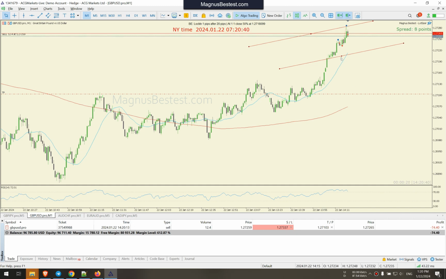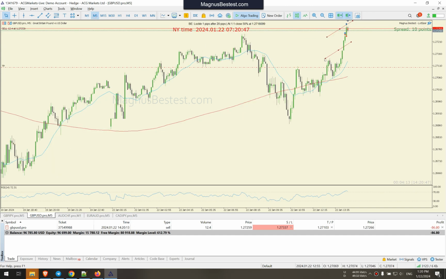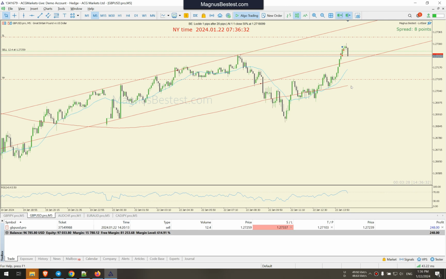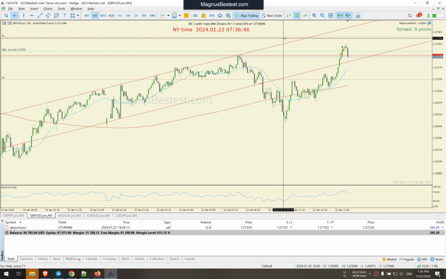We are waiting, but I will move it lower, just a little bit waiting. Let's make it make sense. For example, we have maybe some trend line here. So let's close it over here. So now we are in profit. Here you can see how we have a very clear indication at which point the 50% will be closed.